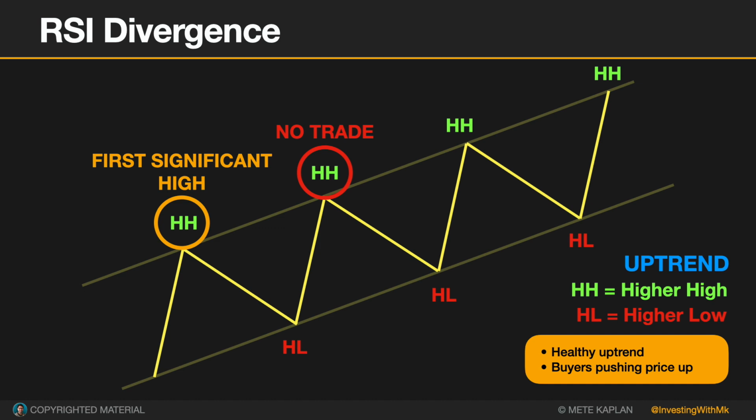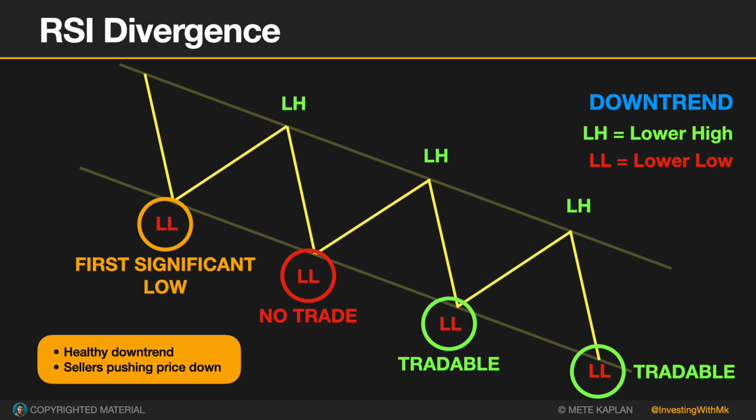Instead, I set an alarm and I wait for the third or fourth higher high to show up. Now you can see I had these 2 tradable higher highs, because now the chart is speaking to me and telling me so much about the price action and the market structure. If we are in a downtrend, everything is the same. We are just checking lower lows this time.